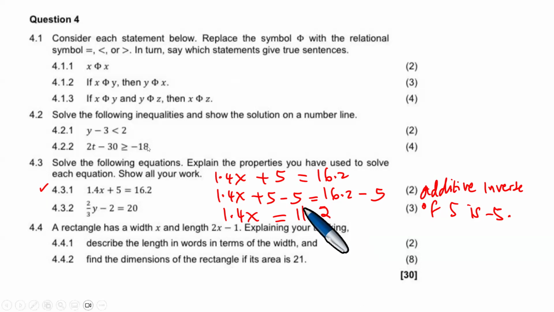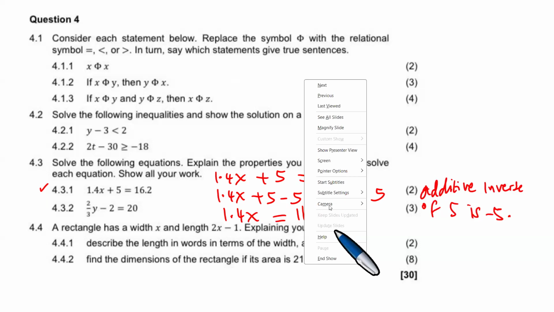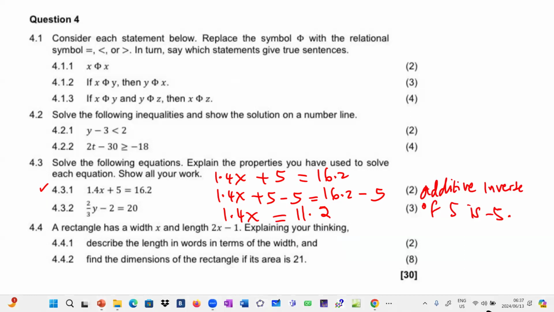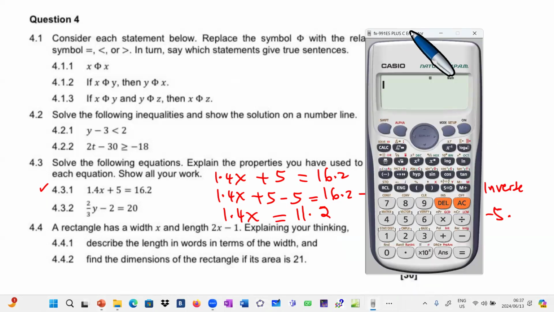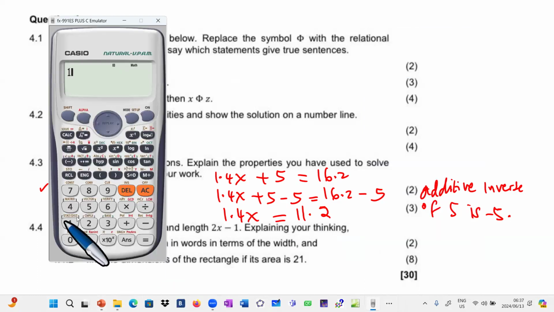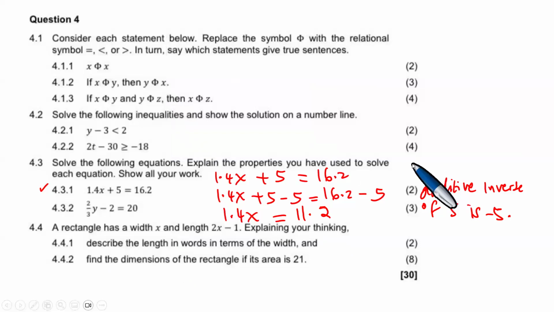You can use your calculator to confirm this as follows: we have 16.2 minus 5, and we see that 16.2 minus 5 is indeed 11.2. And then the next thing is we're going to have therefore 11.4.